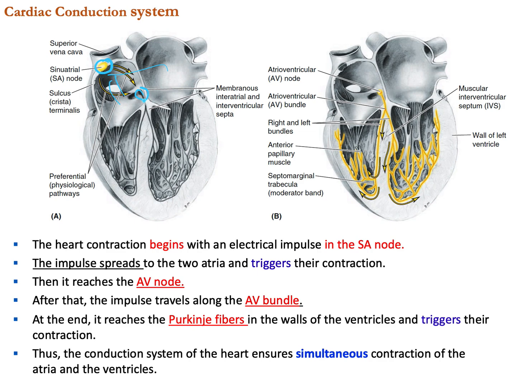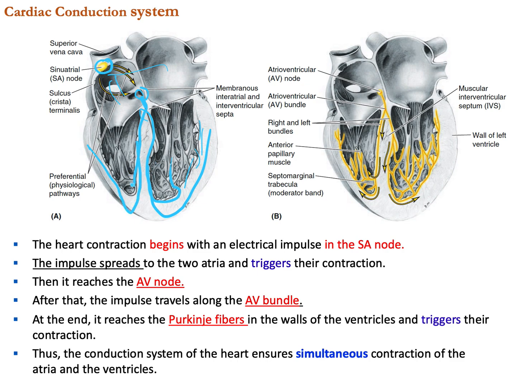After that, the impulses travel through the AV bundle, which divides into the right bundle and left bundle and terminates in the walls of the ventricles as Purkinje fibers, and they trigger the contraction of the ventricles.